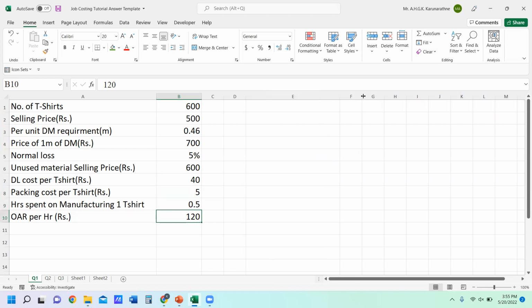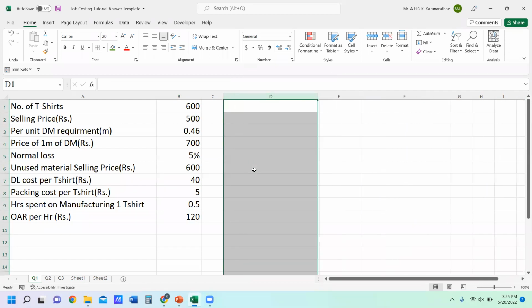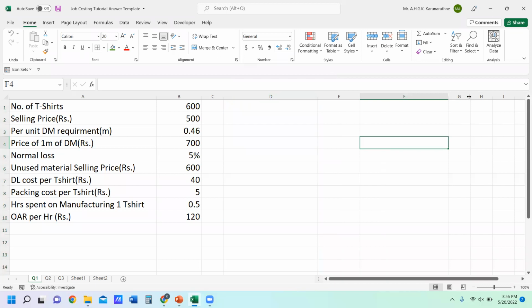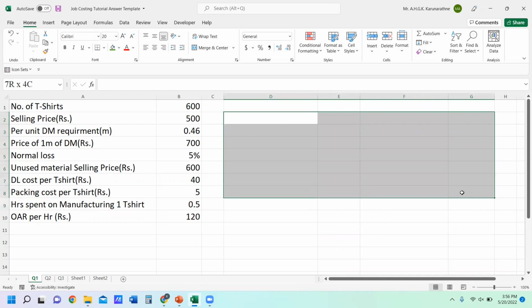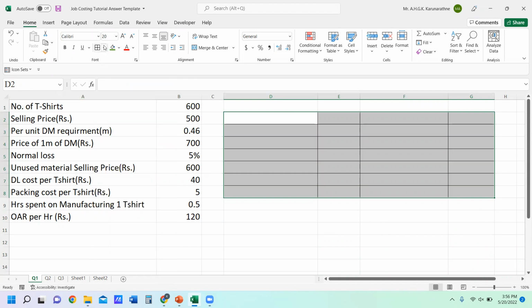Actually, you are not required to prepare your job account in the form of a traditional account, right? But we can still try this just for this example. We are not going to prepare an account for the rest of the parts. So accordingly, we can develop the traditional manufacturing account like this. Yeah, it is not suitable.